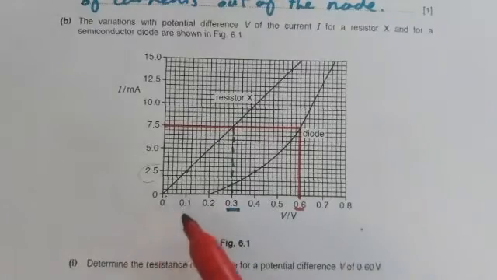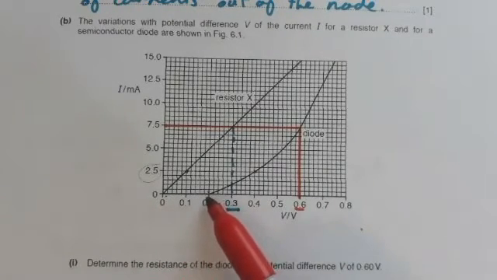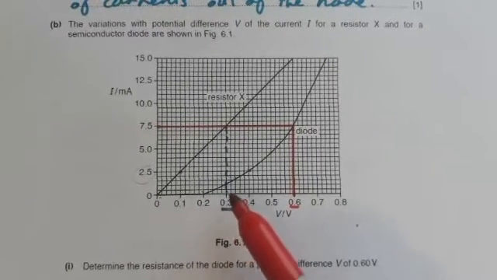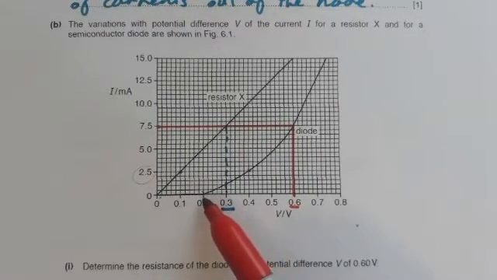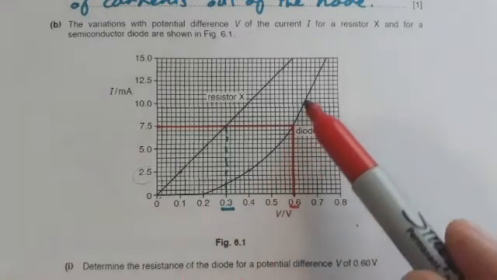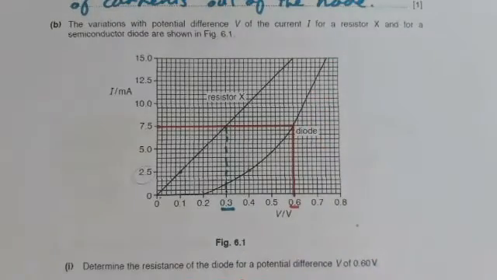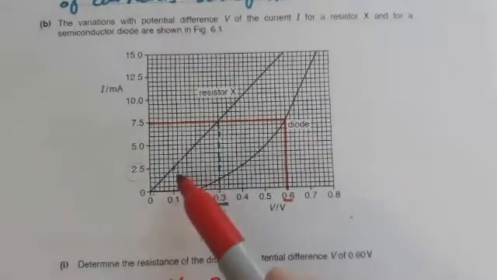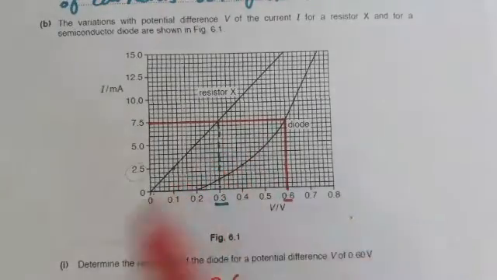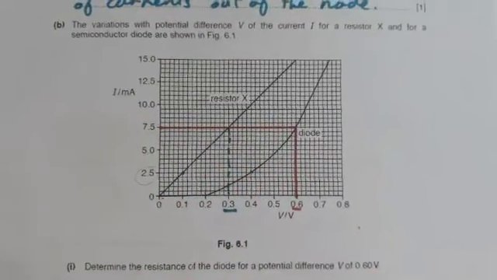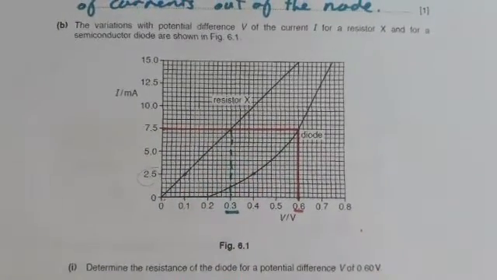You can see the diode has infinitely high resistance, and beyond a specific point, let's call it a threshold point, there's enough energy and there's breakthrough, and resistance starts decreasing exponentially. So my current picks up exponentially. My resistor X is directly proportional, so we know it's an ohmic conductor. That's what we can get from that.